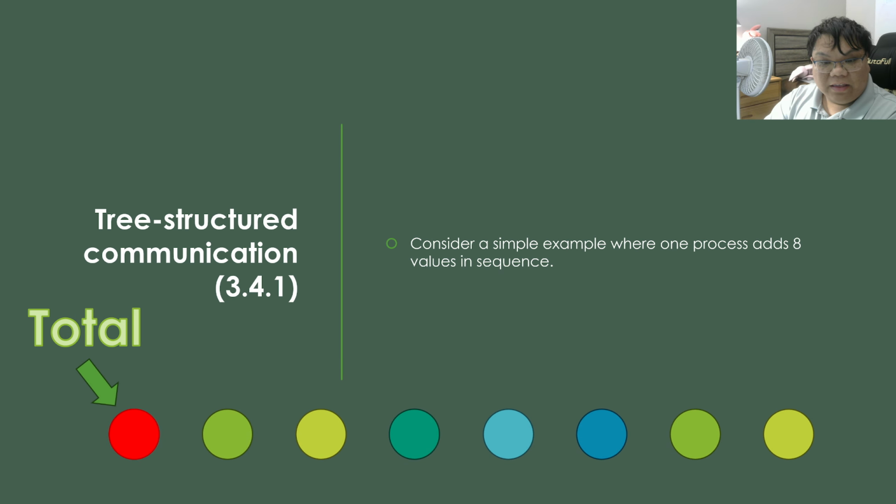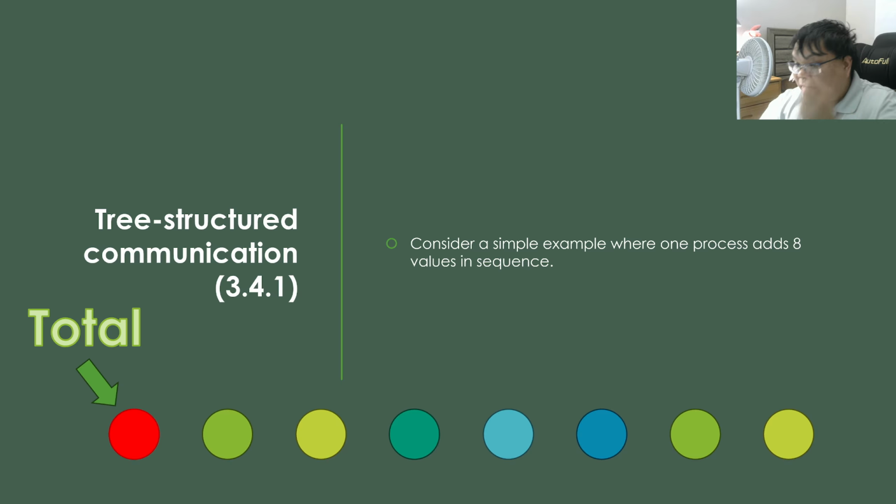So here's a simple example where we have 8 processes and they all have a value that must be added to process 0. So we have 8 values and then this first value here, that's the total. What we could do, in principle, having a receive in a for loop, is like this.